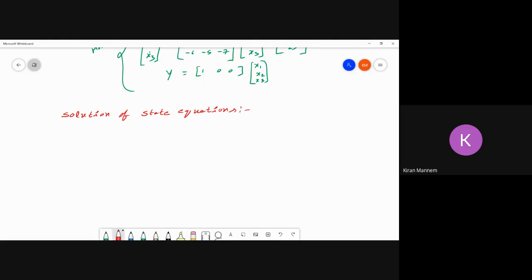So in that you'll get state transition matrix, STM, and state transition equation. Right. So you'll get these two terms. One is state transition matrix, the other is state transition equation, right? And this is the solution of state equations. Right.